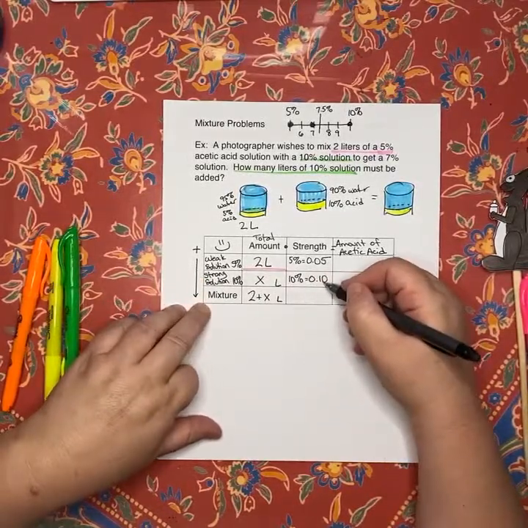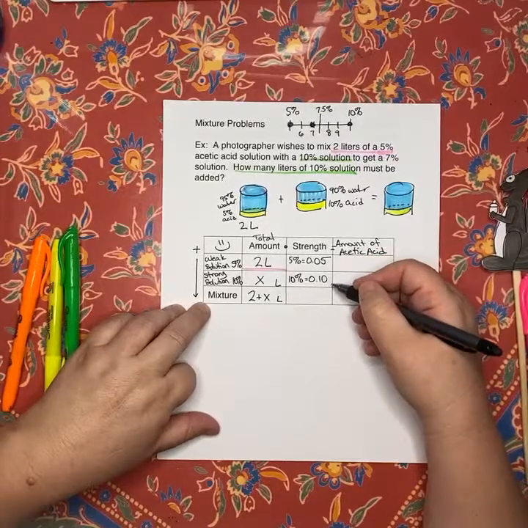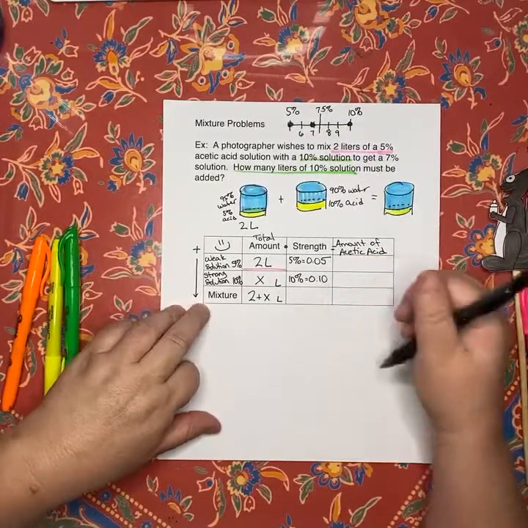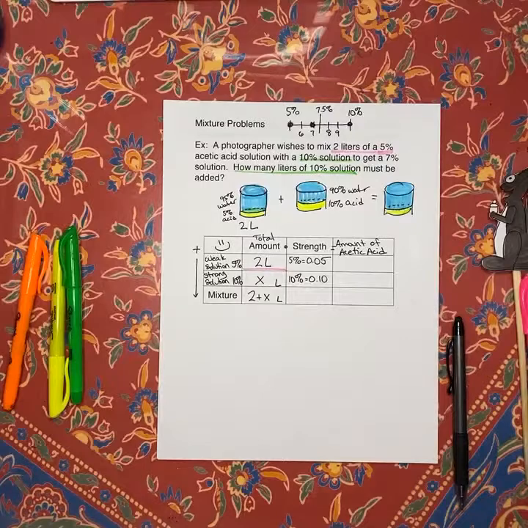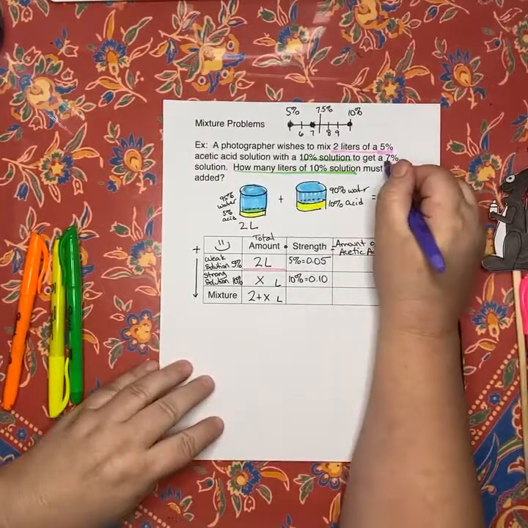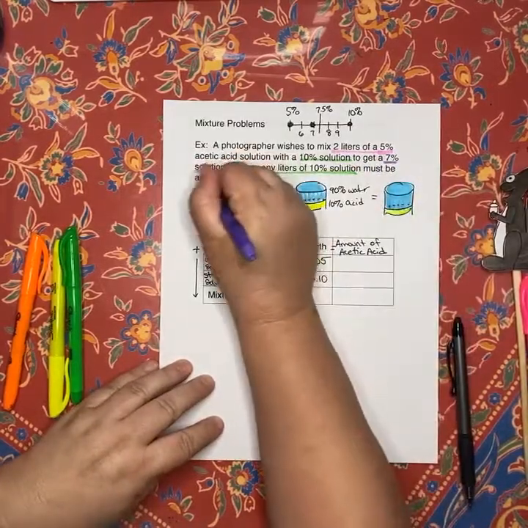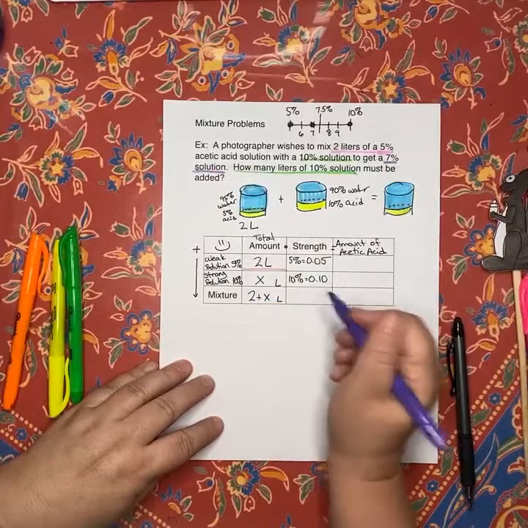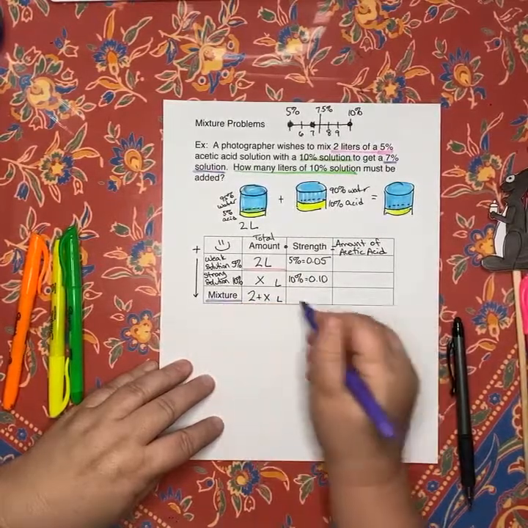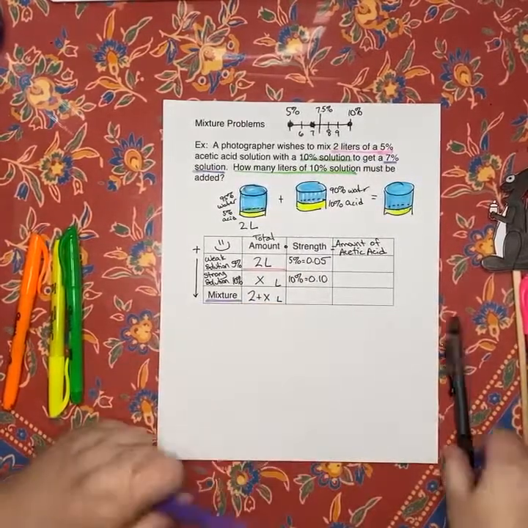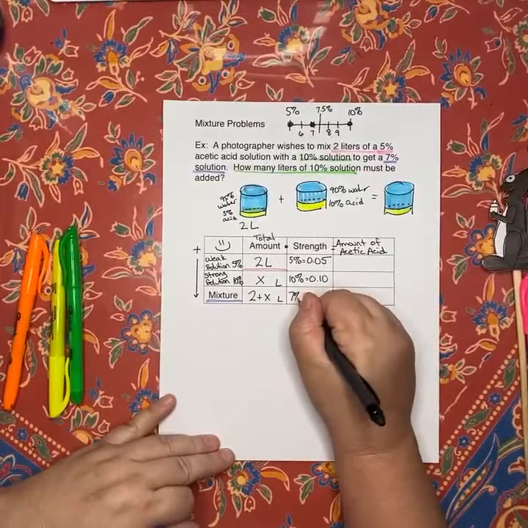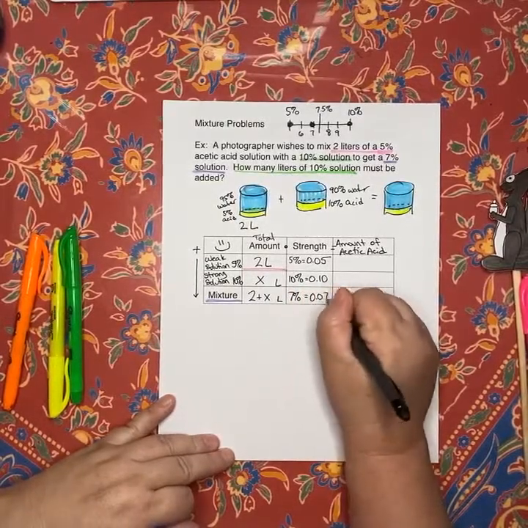And then what's the strength of the mixture? Is it just added? Do I just take 5% plus 10%? Nope. The other solution, let's see, I need a color I haven't used. I'll use purple. 7% solution is the mixture. So this is going to be 7%, which is 0.07.